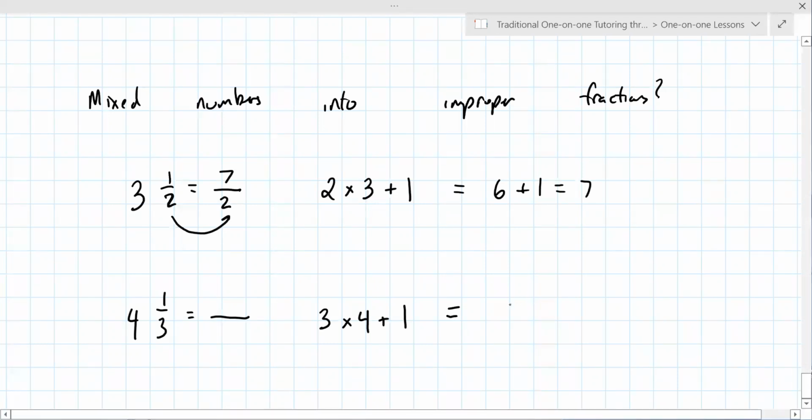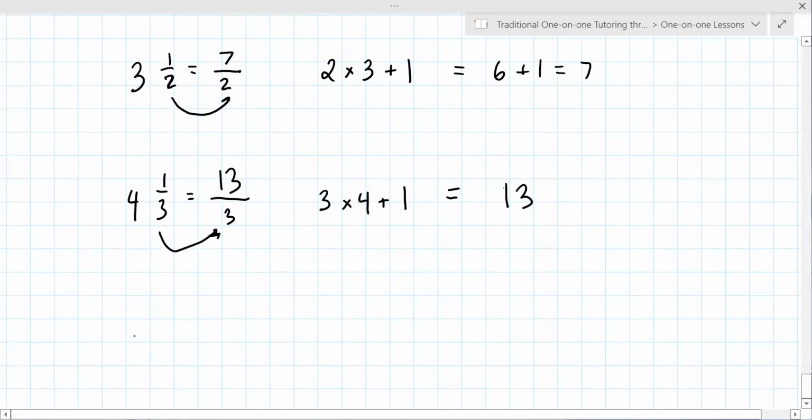So I did the equation by myself. Yes, what is 3 times 4 plus 1? 3 times 4 is 12, and plus 1 is 13. Okay, and then the 3 goes on the bottom. Yeah. So let's try another one.